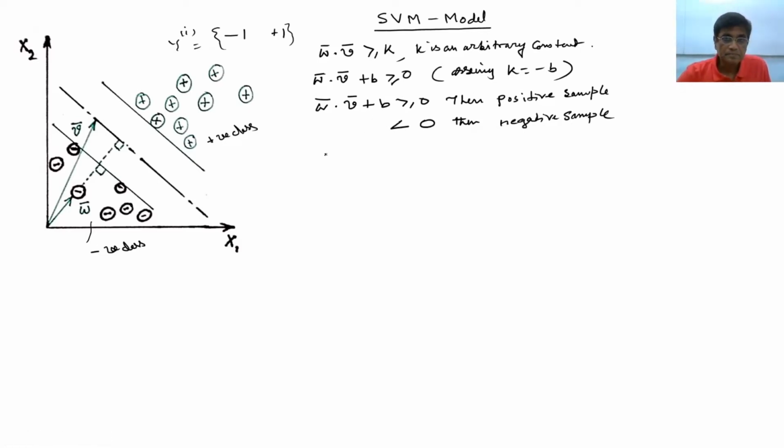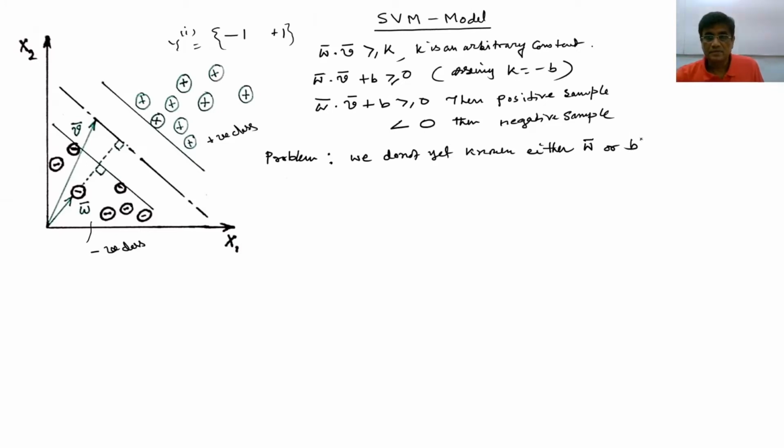But the problem is we do not yet know either the W vector or the bias. b is called, incidentally, bias.